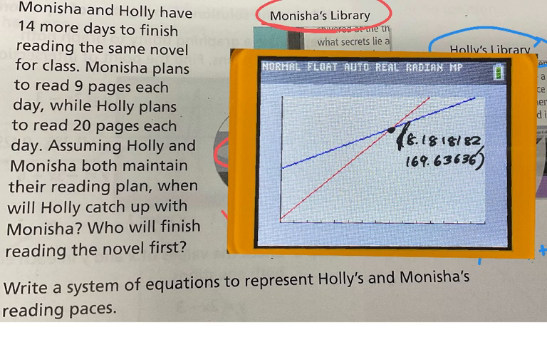Assume they both maintain their plan. On what day or when will Holly catch Monisha? So how many days did it take Holly to catch Monisha? It took 8.18 days, which would mean it was day 9.